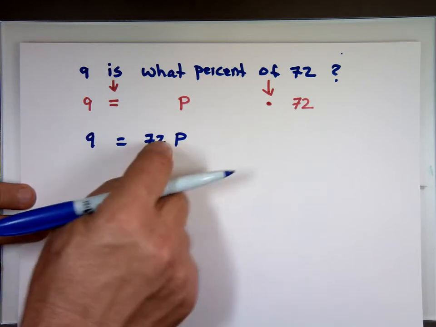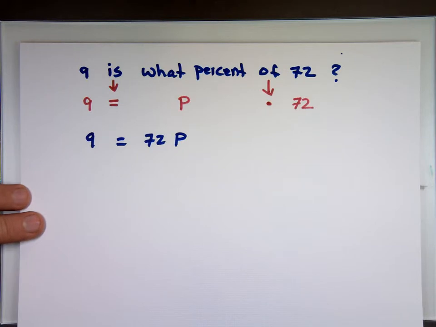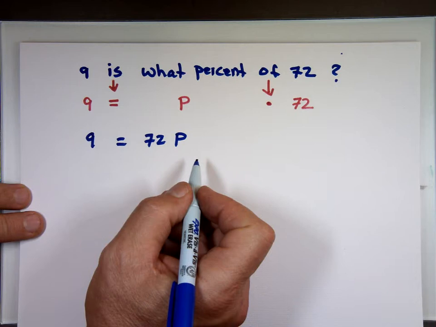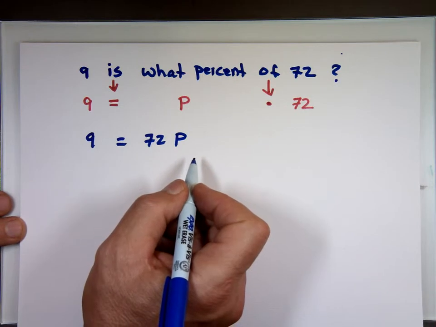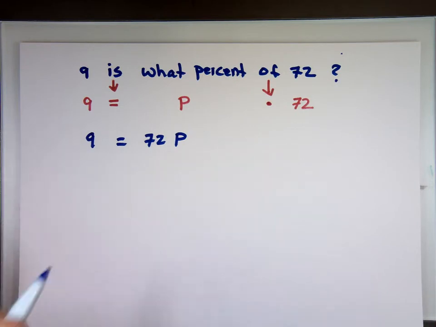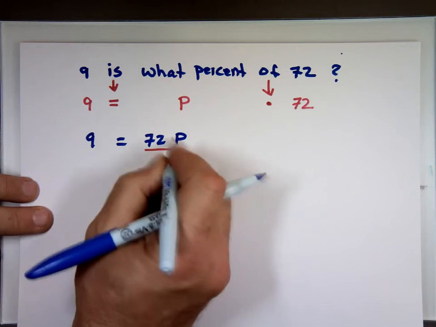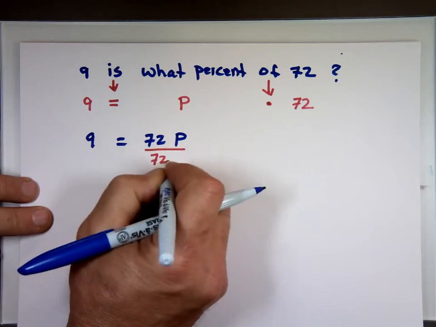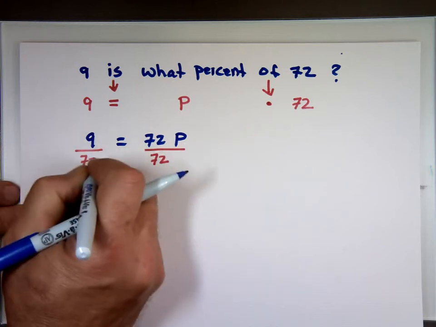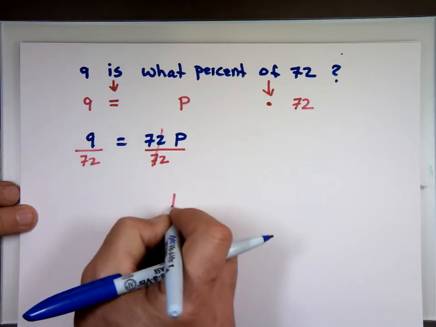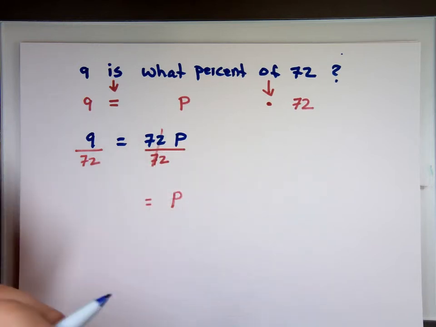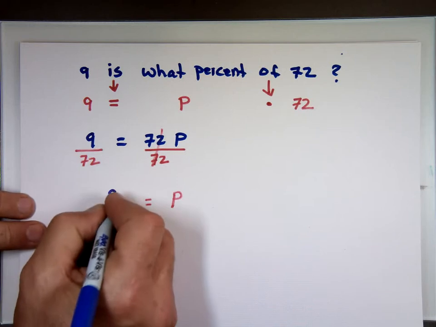Now that's a multiplication. How do you solve? Divide. Divide by what? 9. Try again. Times 72. Must divide. Divide by what number? 72, because you want to make that number a 1. Nine over 72.